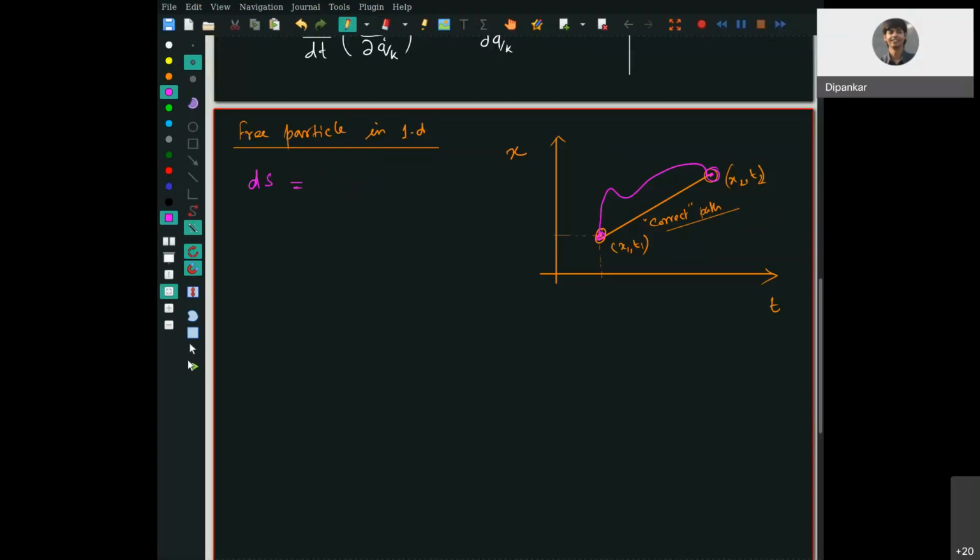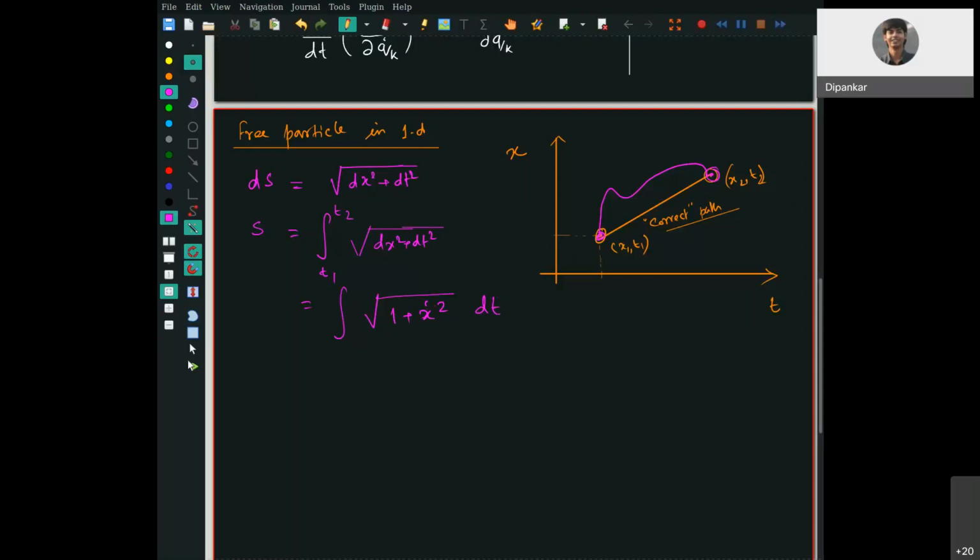Any length element between two points would be the square root of dx square plus dt square, and the total s would be the integration from t1 to t2 of the square root of dx square plus dt square, the summation of all these things. Rather, we may write the square root of 1 plus x dot square, where x dot means dx by dt.